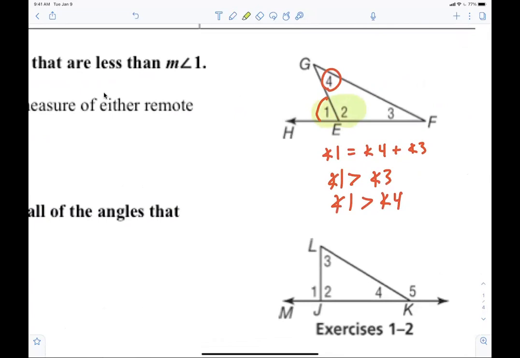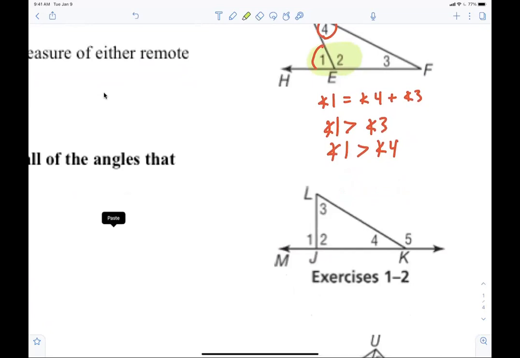But is one greater than the other? Not always. Could be a 90-degree angle, it could be obtuse, or it could be acute. This exterior angle and this exterior angle are completely different. There is no relationship other than that the two angles always add up to 180.